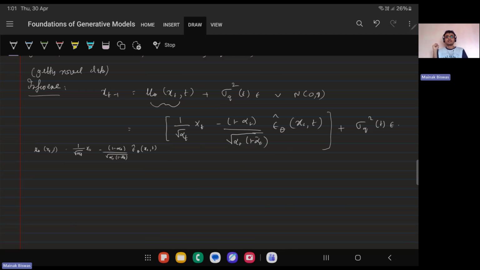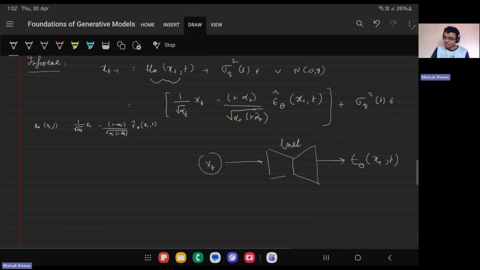So you take the tth noisy version xt, pass it through the decoder, which is the UNet. It gives you the noise corresponding to it. You then remove the noise and get xt minus 1.